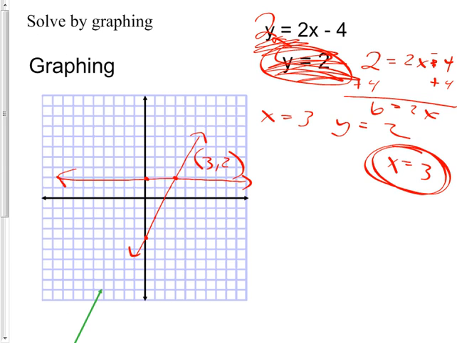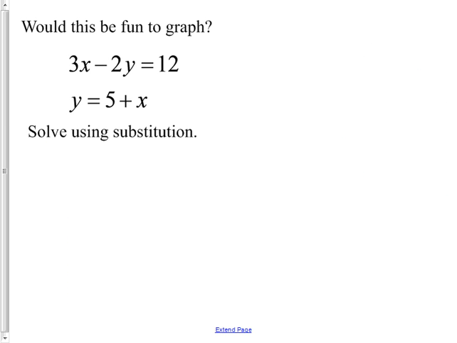That's called substitution, and that's what's next, because sometimes equations are ugly to graph, like these two would be. But you can solve by substitution. You take y equals 5 plus x, and say, if y is 5 plus x, I can put that right here. I put a 5 plus x right there, and then I solve it.